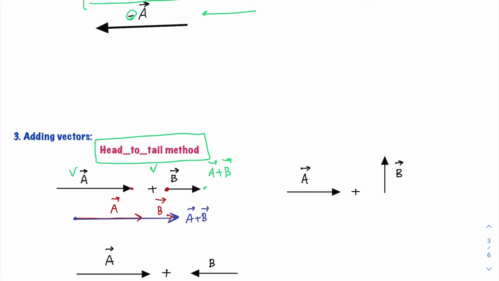So in another case, case number 2, if one vector is due east or to the right, and the other vector is due north or towards up, how about this? Again, we will use the head to tail method. So we have vector A and we place vector B here, because we need to connect tail to head or head to tail.